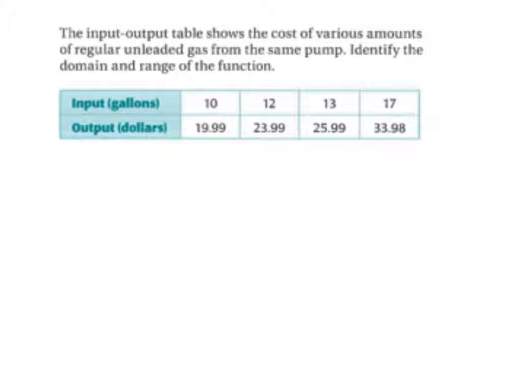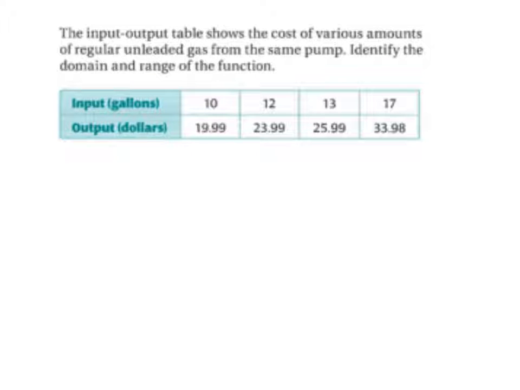Now if you're doing this in notes, you don't need to copy down the whole problem, but I suggest you copy down the table so that when you look back at your notes, you'll know what we were talking about. So here we have a group of inputs. We're talking about gallons of gas here, and the input of 10 gives us $19.99, 12 gives $23.99, 13 gives $25.99, and 17 gives $33.98.